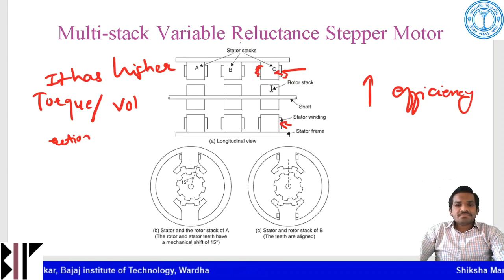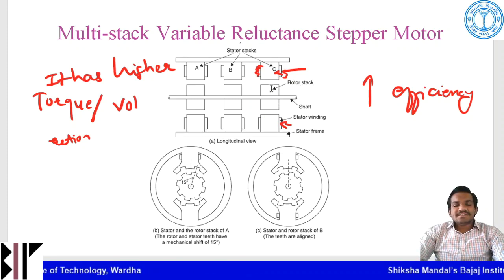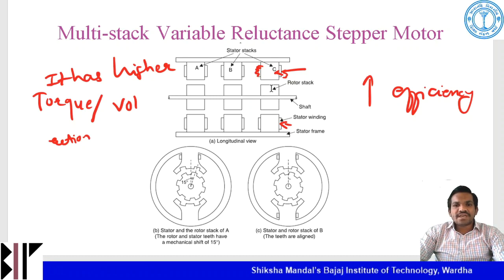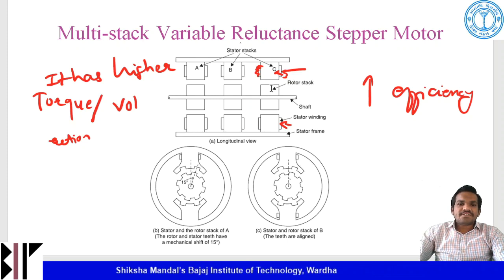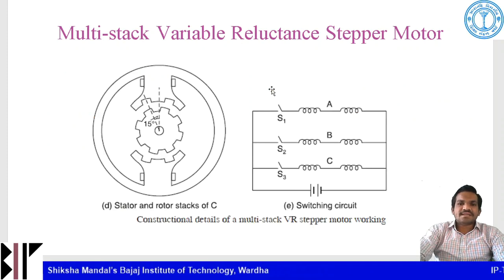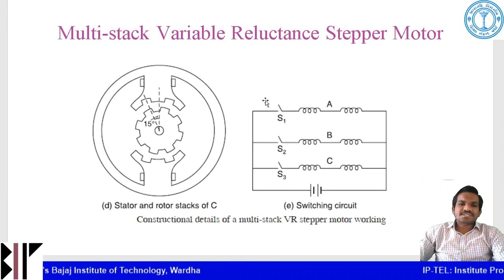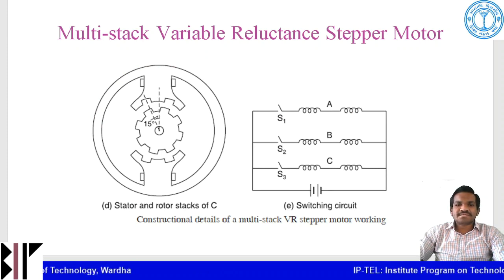So the stator stack is a salient pole with a winding, and the rotor does not have a winding. In the next diagram you can see the switching circuit of a multi-stack variable reluctance stepper motor.